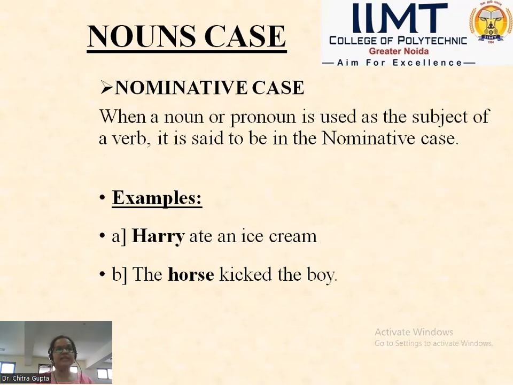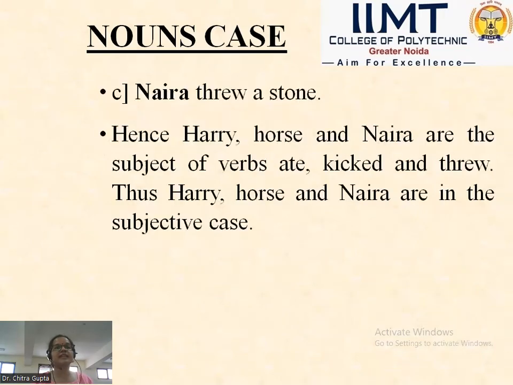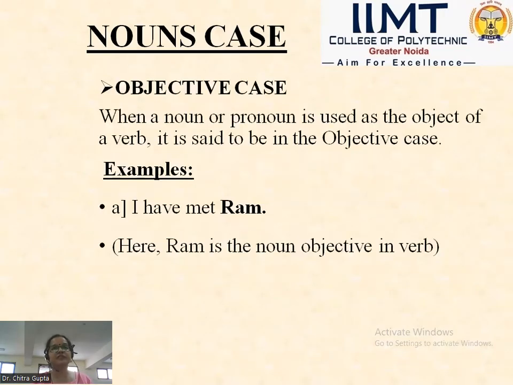Again, I'm repeating: when the subject is at the first part of a sentence, the word is said to be in the subjective case. But when it is used after the verb and is placed at the end of a sentence, then the word is said to be used in the objective case.